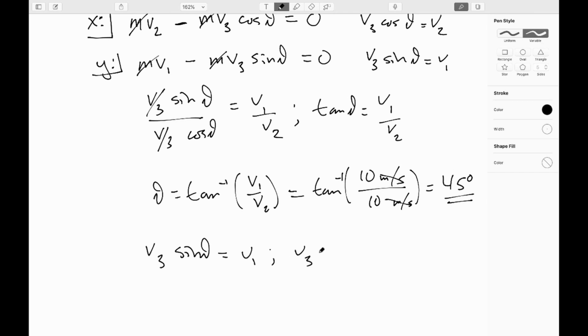So V3 will equal V1 over sine theta. So this will be 10 meters per second over the sine of 45 degrees, which will give us 14 meters per second.